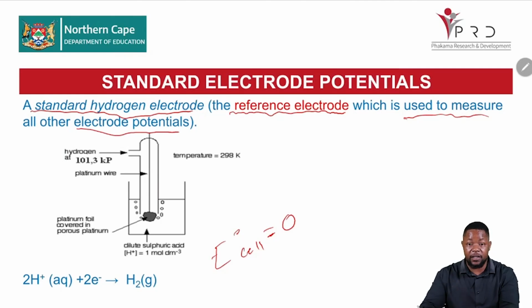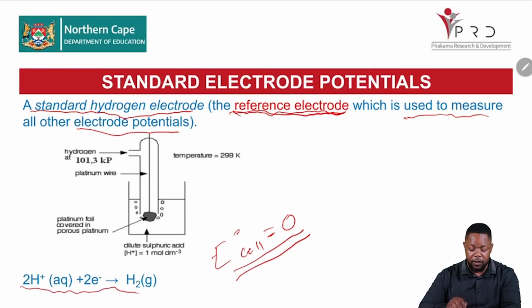So all the other substances' potentials were measured relative to the hydrogen, which was given the value of 0, meaning it is a reference electrode. Reference means the point from which we start to measure.